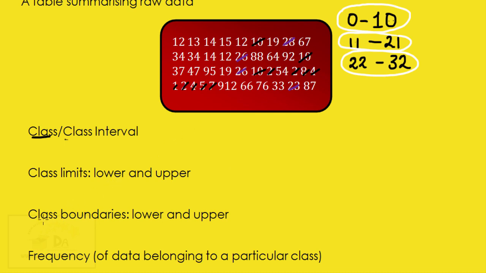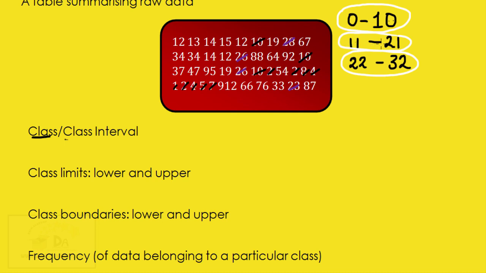Next thing we need to look at is the concept of a class boundary. Classes, as you know, have lower and upper limits, and that's easy to understand. But boundaries can also be defined, and their usefulness will come up later when we go deeper into this statistics course. But just to note, for the class 0 to 10, the upper class limit is 10.